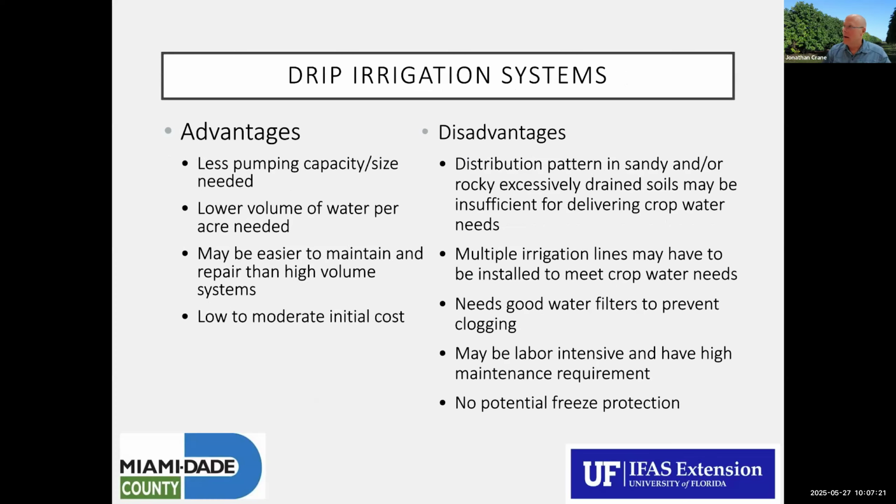Again, you need well-filtered water. One of the issues is the distribution in sandy or rocky soils. It may not be sufficient for delivering enough water for large trees. And so you may end up with 2 or 3 lines of drip in order to get sufficient water out there, covering enough of the root system that it's sufficient for the tree, right?